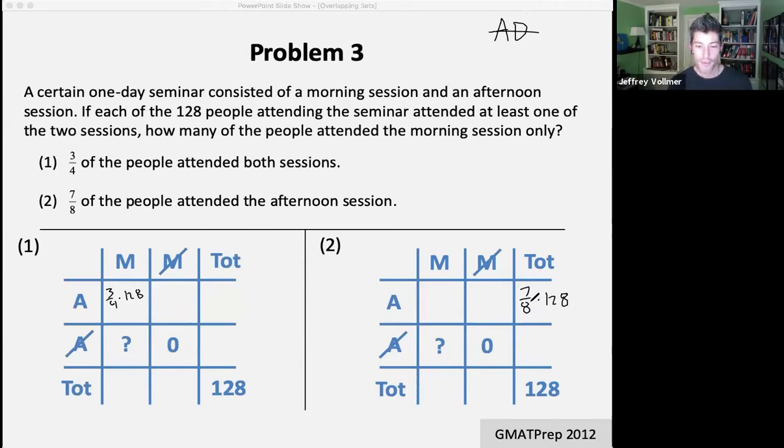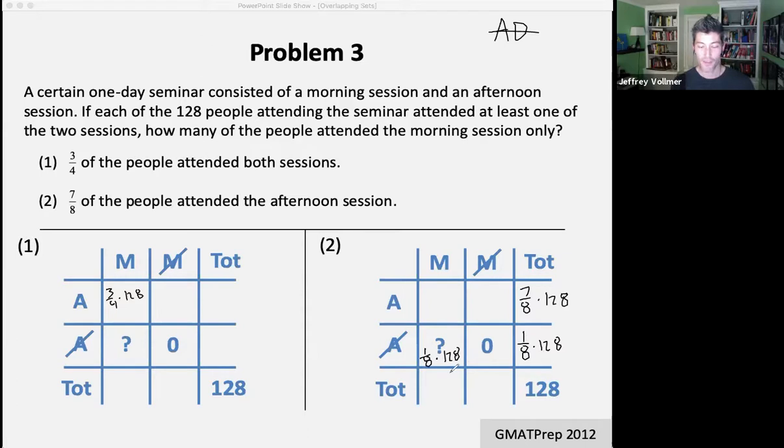If 7/8 went to the afternoon session, then that implies that 1/8 did not. 1/8 of 128 is a specific number. And you also know that that specific number is the sum of our question mark and 0, which means that our question mark is also 1/8 of 128.